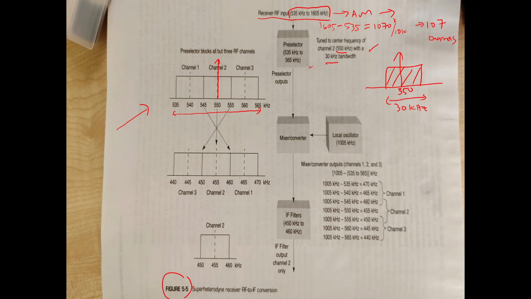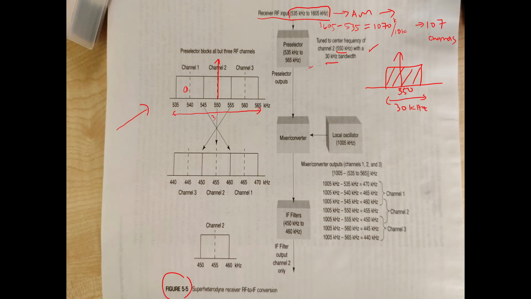After it goes through the RF section, it goes through the pre-selector. The pre-selector only selects 30 kilohertz, which is 3 channels only. So we have channel 1 located from 535 until 545, channel 2 from 545 until 555 kilohertz, and then channel 3 from 555 until 565 kilohertz.